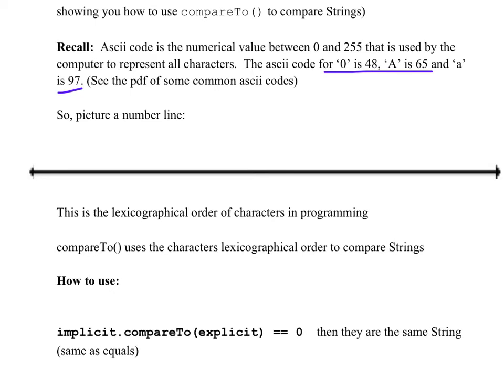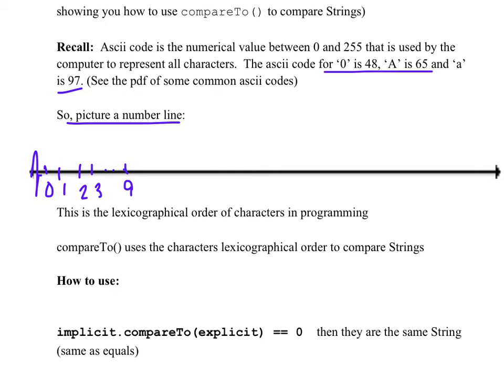If you picture a number line, you have the numbers 0, 1, 2, 3, and there are other ones that come before it, up to 9. Those digits are close to first. There are other things before them, but they're close to first on this number line.